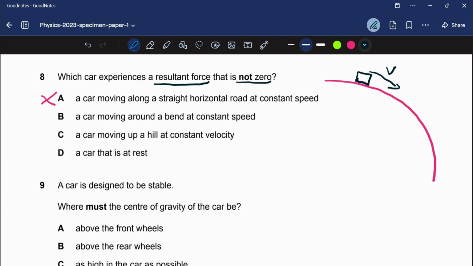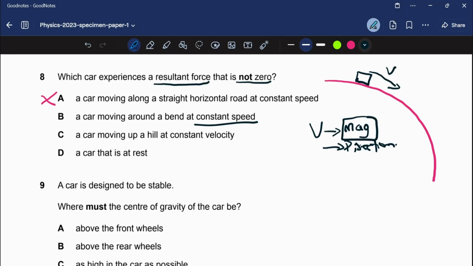Now look, the magnitude of the velocity is constant. Velocity is a vector quantity, which means it has a magnitude and direction. Speed is constant, which means the magnitude of the velocity will remain constant.